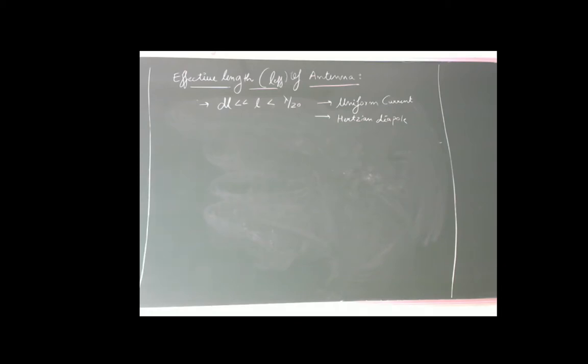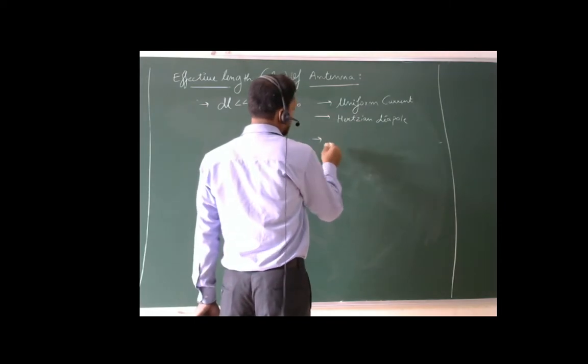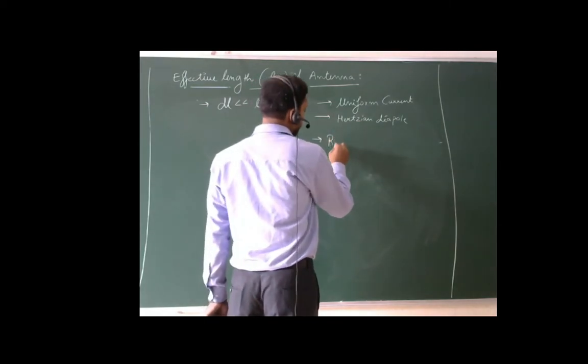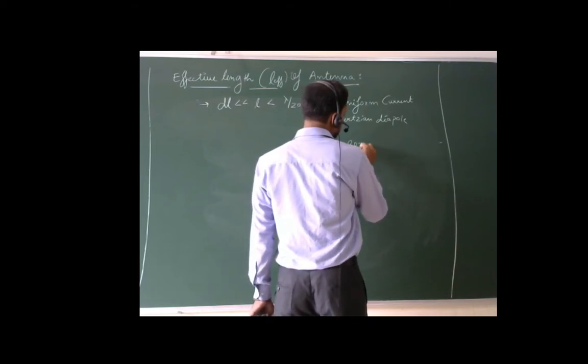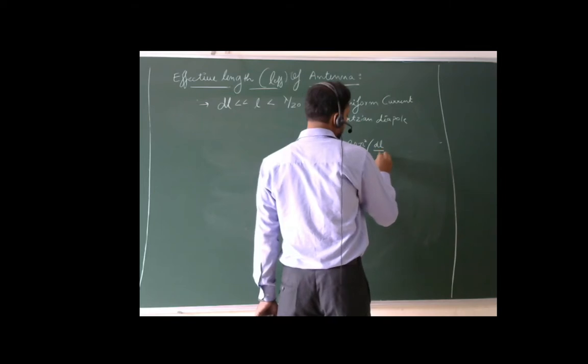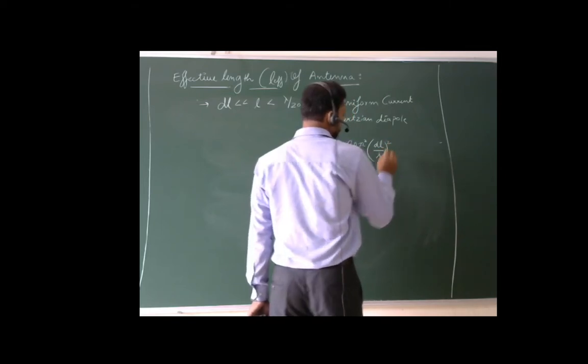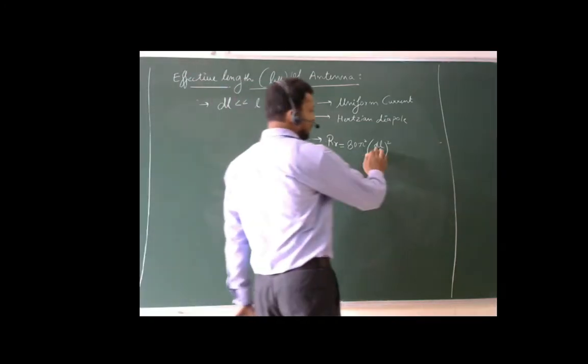So from here the radiation resistance can be given by 80 pi square dl by lambda whole square, and this length is small length dl, uniform.